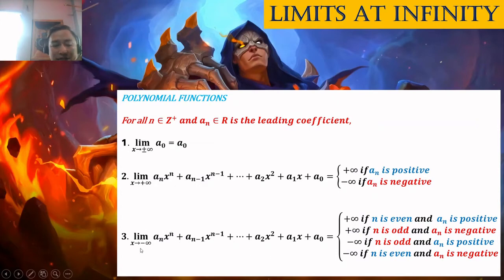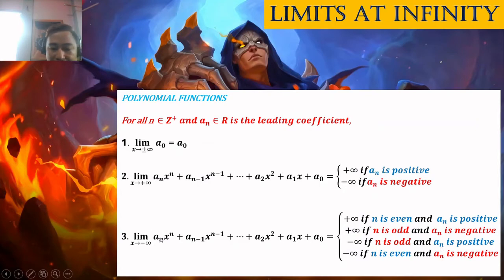Okay, next, the limit is negative infinity if n is odd and a_n is positive. If n is odd, therefore x to the n is negative, since as x approaches negative infinity, x is negative. And a_n is positive.